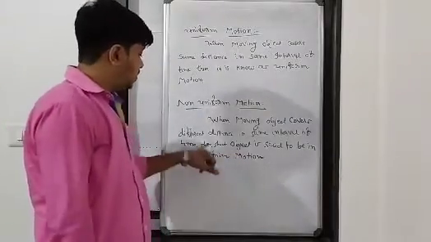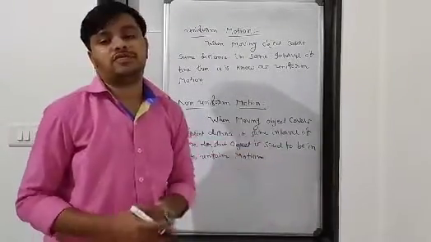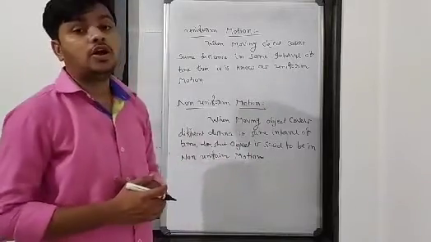So if the distance is different for the same interval of time, then you can say that that object is in non-uniform motion.